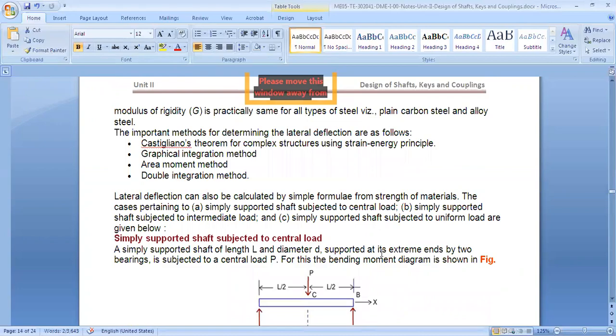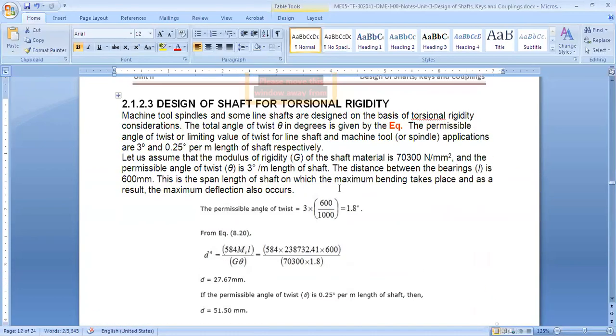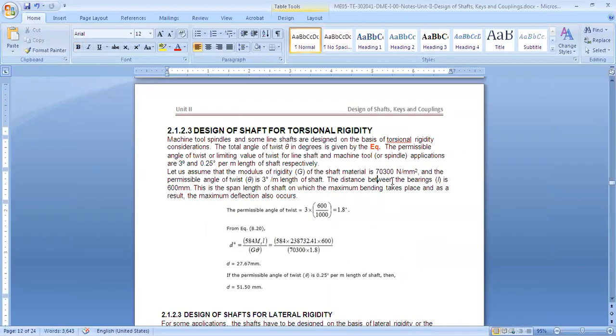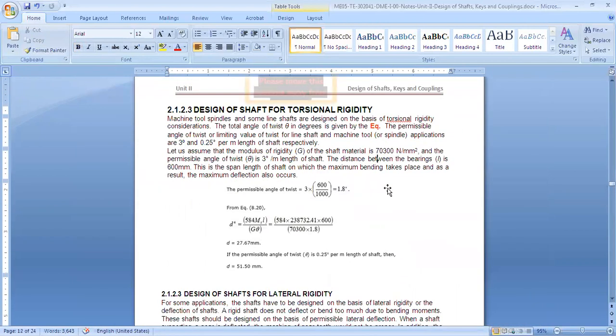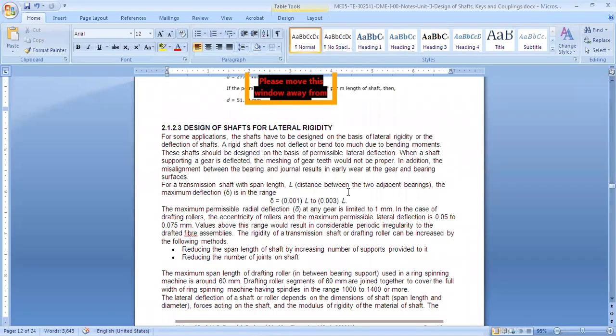Now we have seen two important things today: design of the shaft for torsional rigidity and design for lateral rigidity. Torsional rigidity means the shaft is allowed to be twisted by this much degree, and for that we will find the allowable diameter. For lateral rigidity, the shaft is allowed to deflect by this much of the length, so delta is equal to a factor into length.